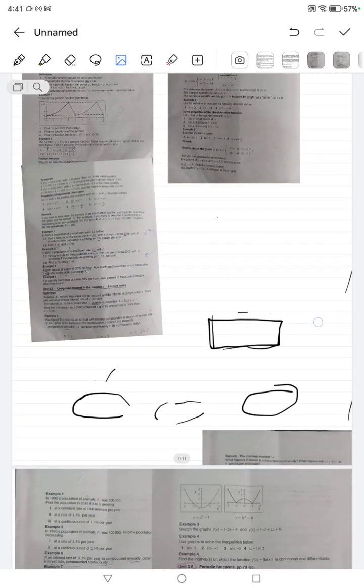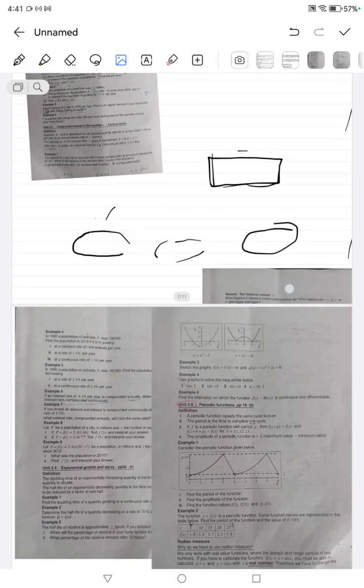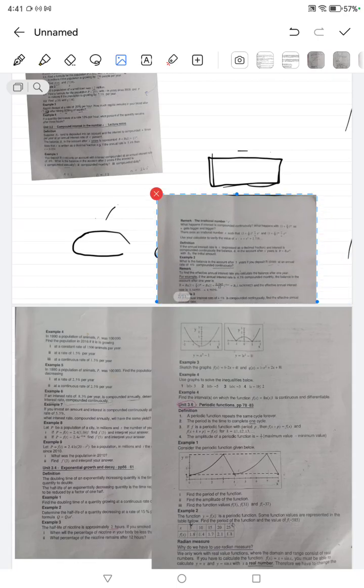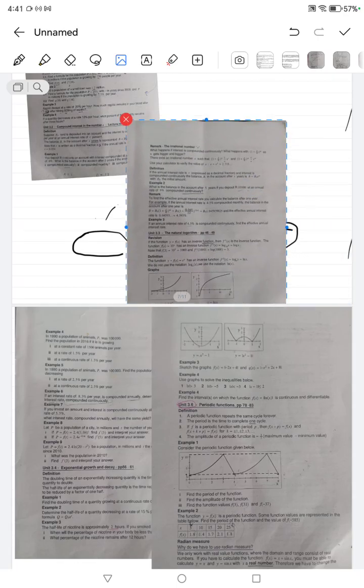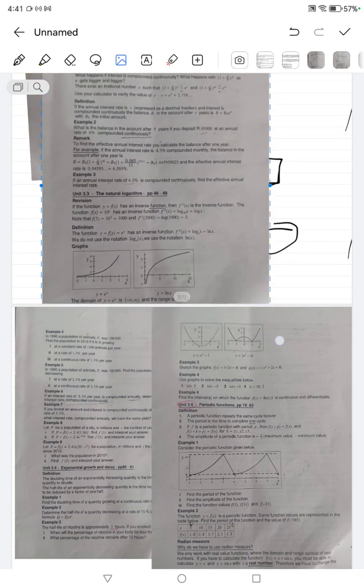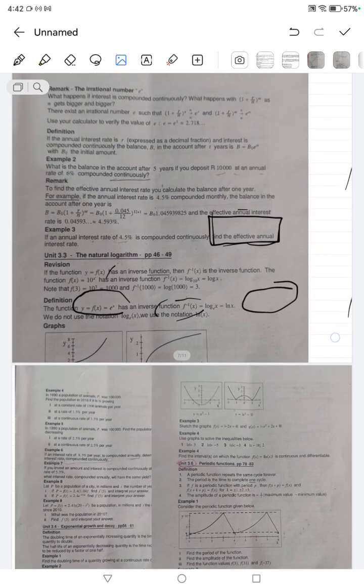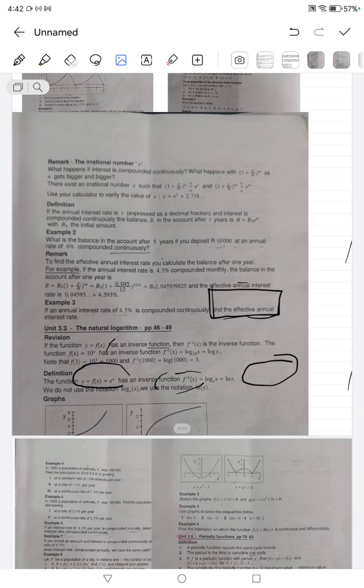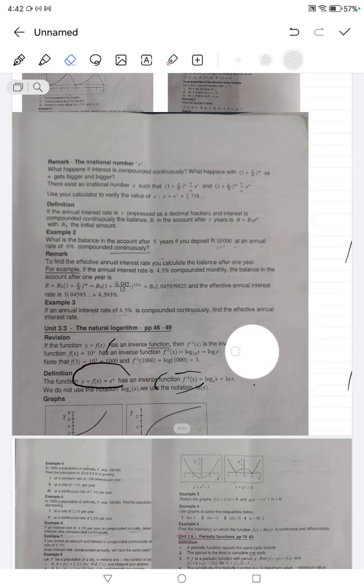Okay, we did this one, this one we're supposed to do. Is it this one at the back? Oh yeah, that's this one. Let me enlarge this one now.